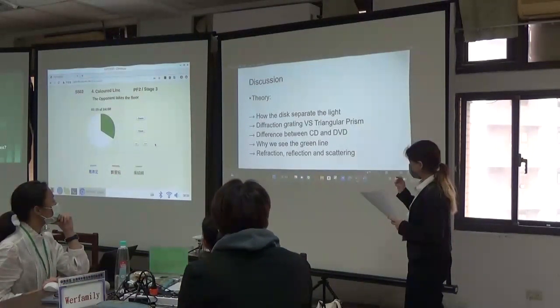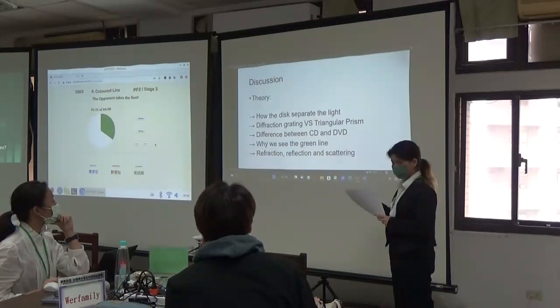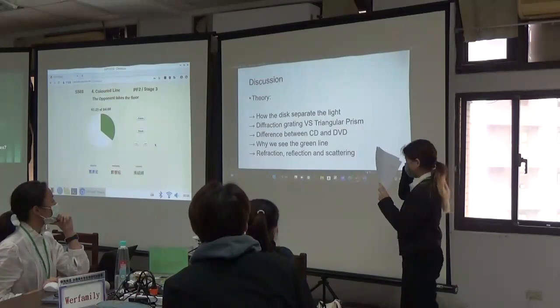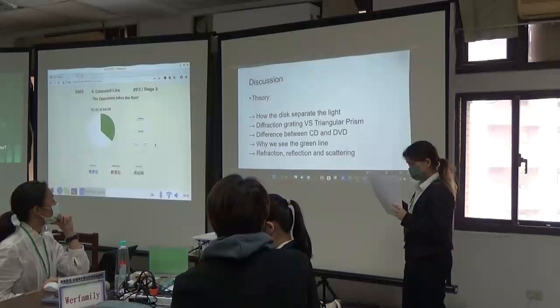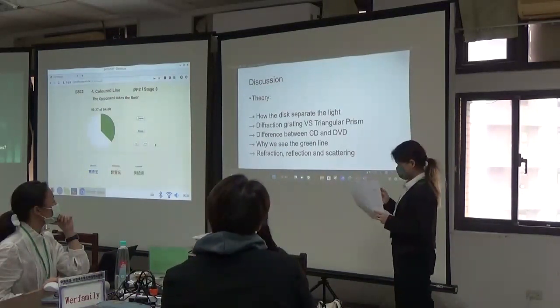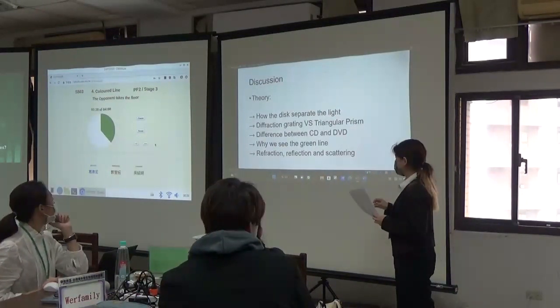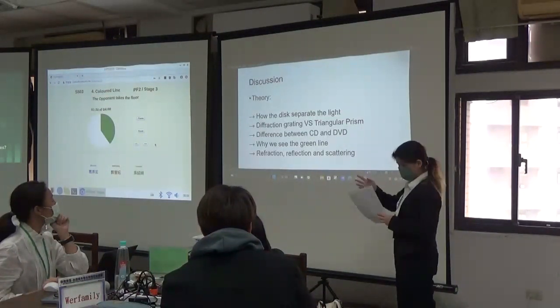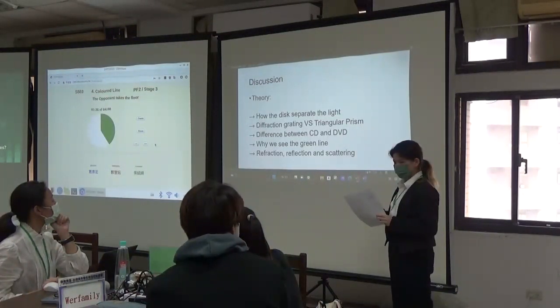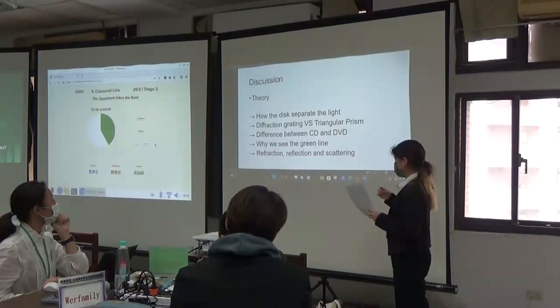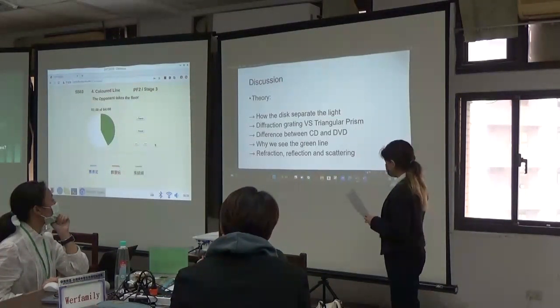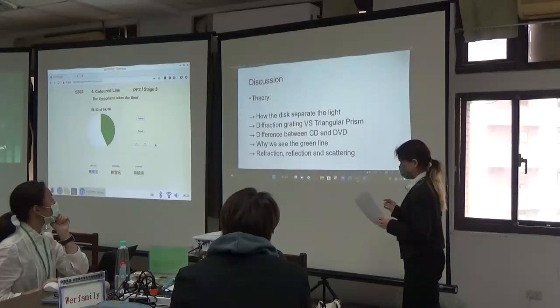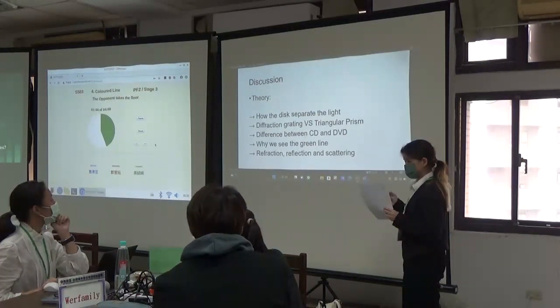And the difference between CDs and DVDs, because they can all produce the green line, but I think the lightness and the angles may differ. And why we see the green light, they introduce it very clearly.